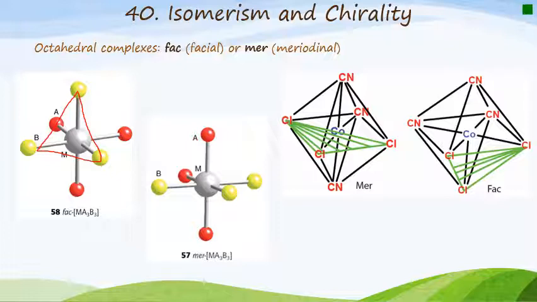So for example, if we look again at the yellow spheres, we have a triangle here and there. So that cuts through the equatorial. This links the equatorial to the axial. The diagram on the right may help you to see this a little clearer. So this is the Mer isomer and this is the FAC isomer here.